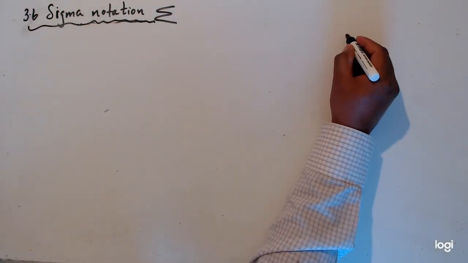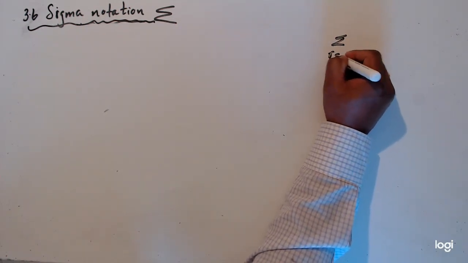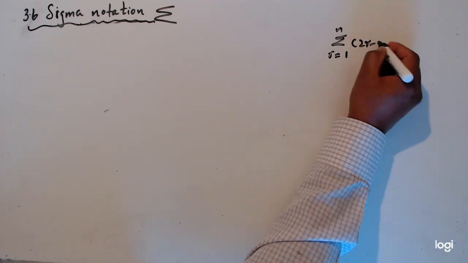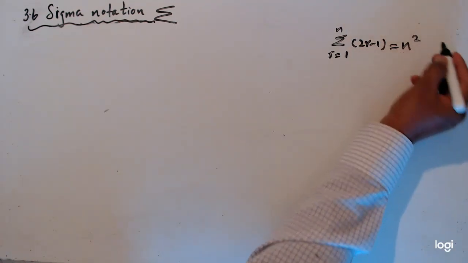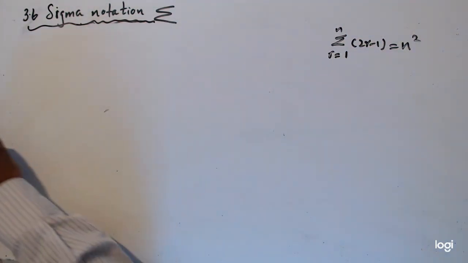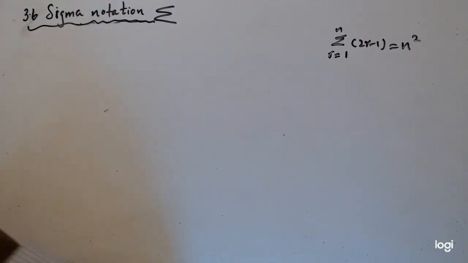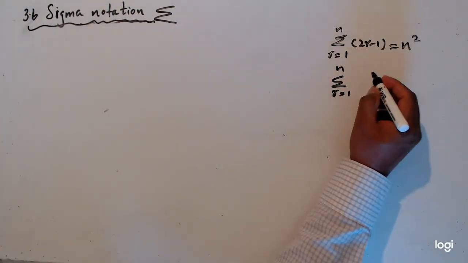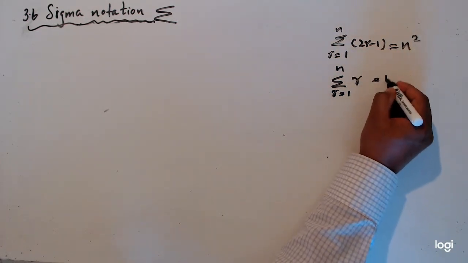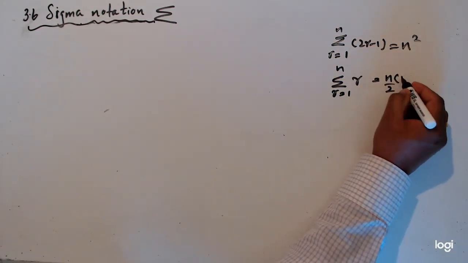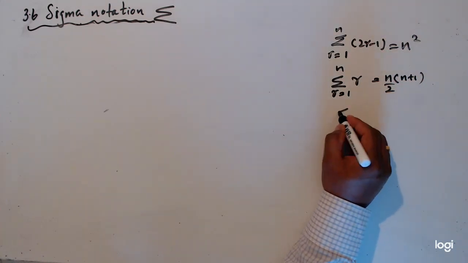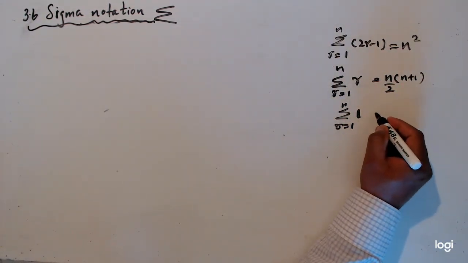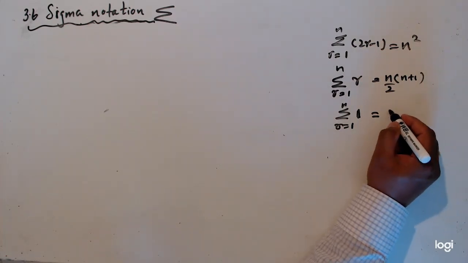So we know that summation r equal 1 to n of 2r minus 1, we work out is n square. And summation r equal 1 to n of r, we know that is n divided by 2 times n plus 1, and summation r equal 1 to n of just 1, we found out that is n.